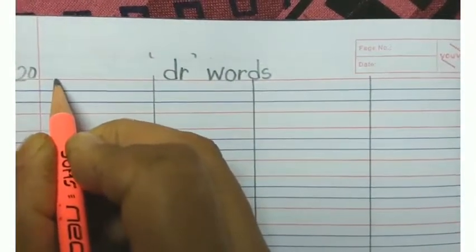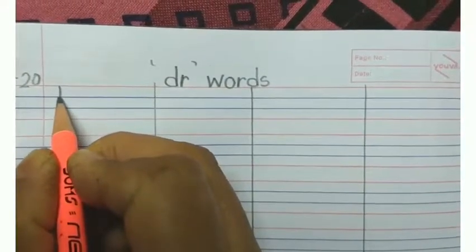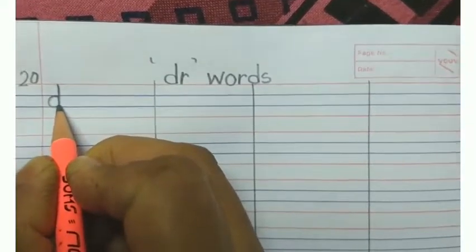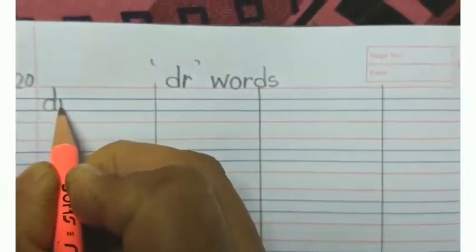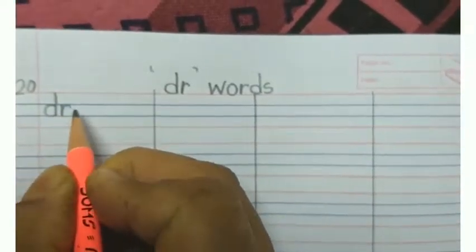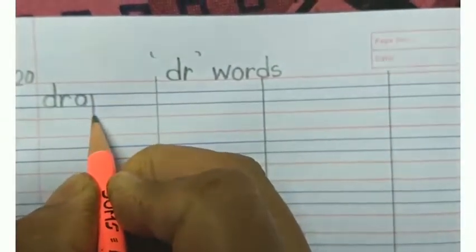So from red line to blue line, make a standing line, straight, go up, C curve from blue line to blue line, D. Then from blue line to blue line, straight standing line, go up and make a small curve, R. A small round from blue line to blue line, O. Now from blue line to red line, make a straight standing line, go up.